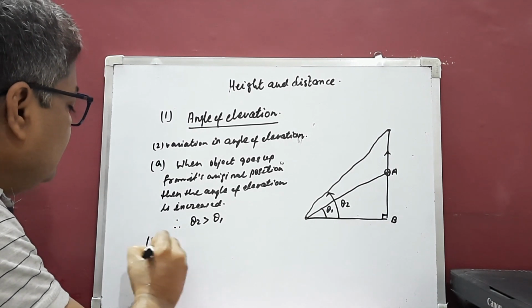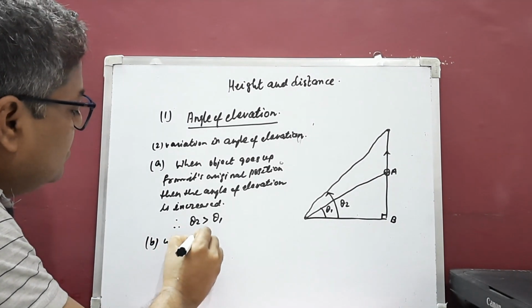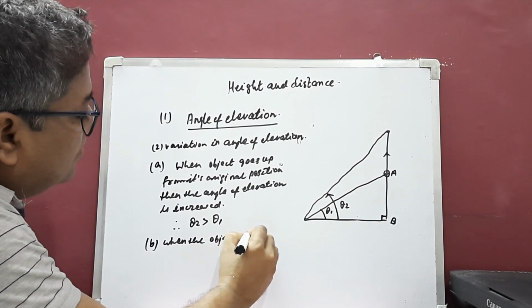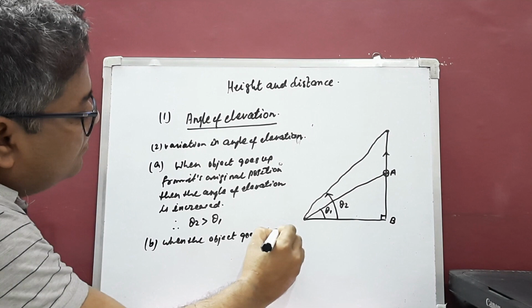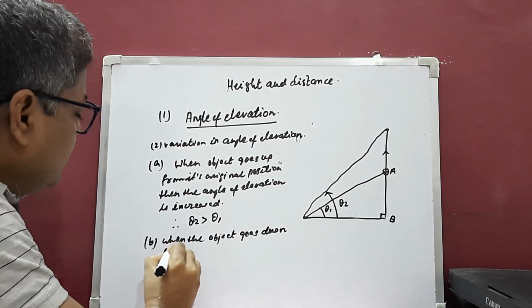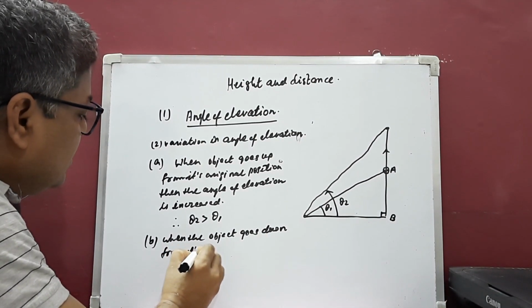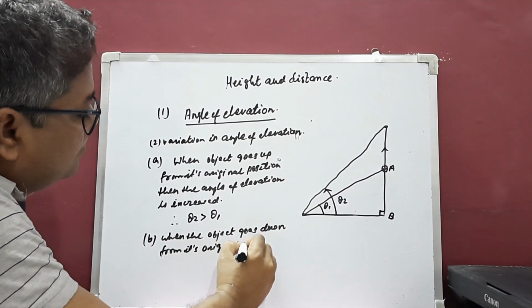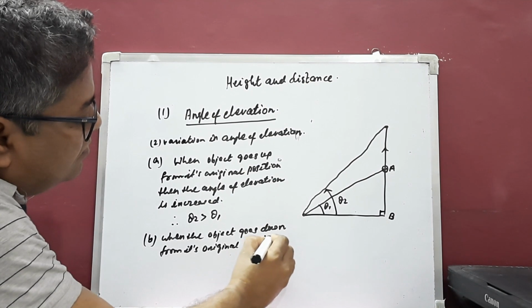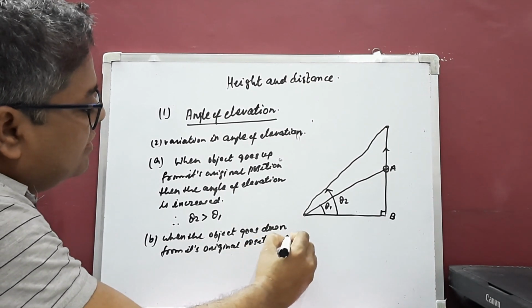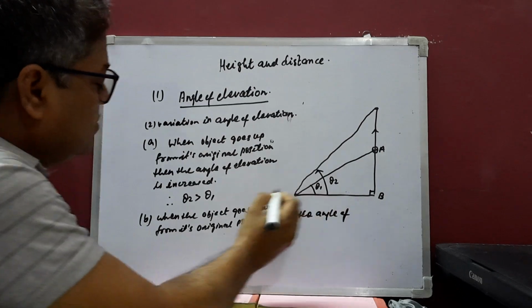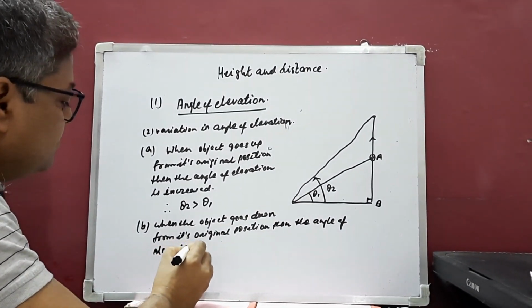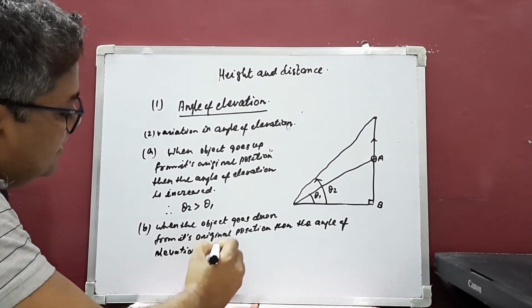You will write here, when the object goes down from its original position, then the angle of elevation is decreased.